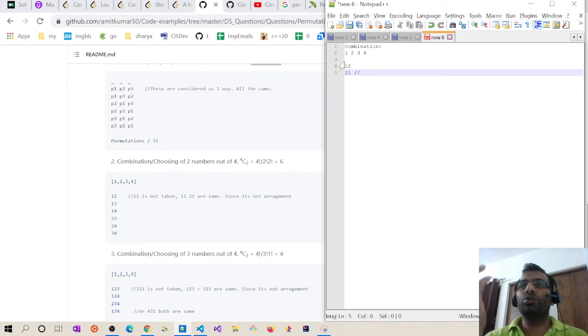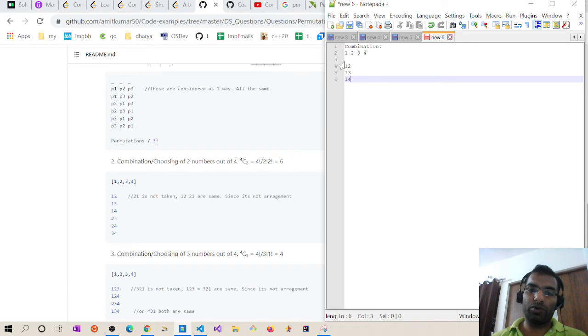Either you choose 1, 2 or you choose 2, 1, at the end both are the same, so we won't consider this. Then we have 1, 3, 1, 4, all distinct choices. Then we have 2, 3, 2, 4, and finally 3, 4.